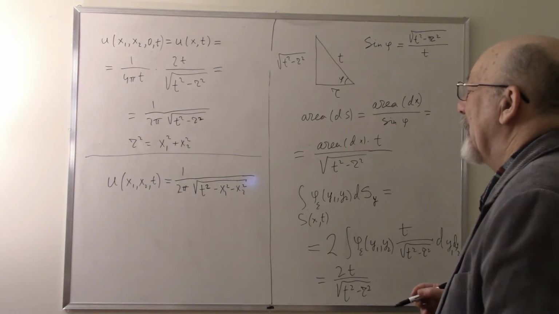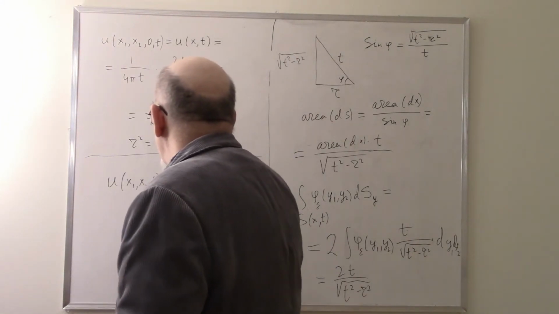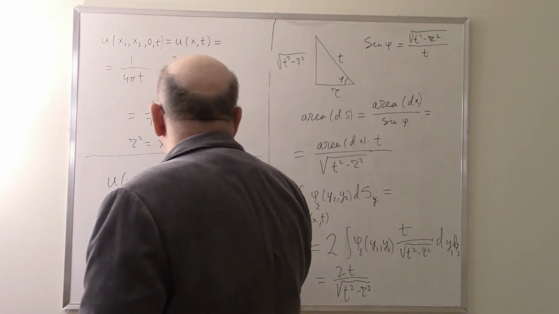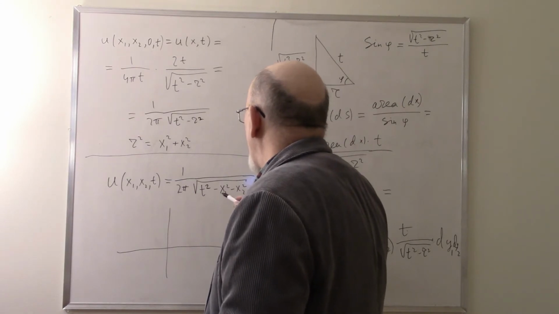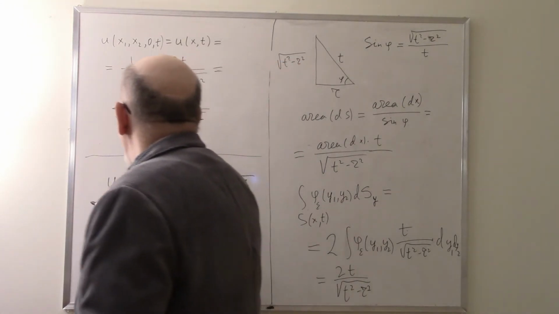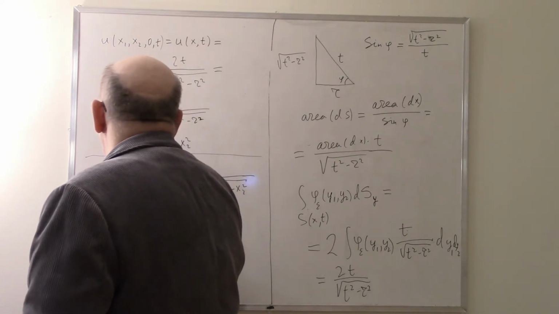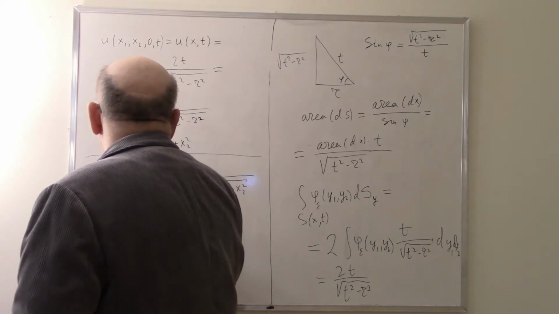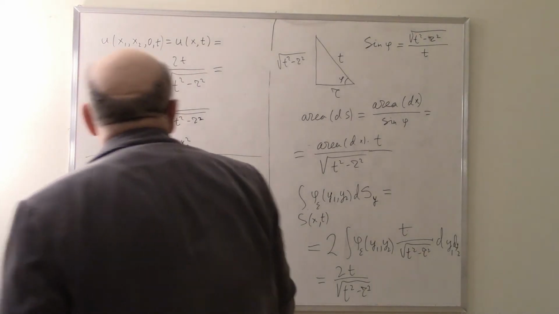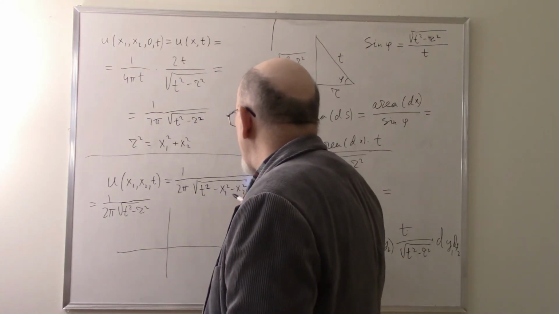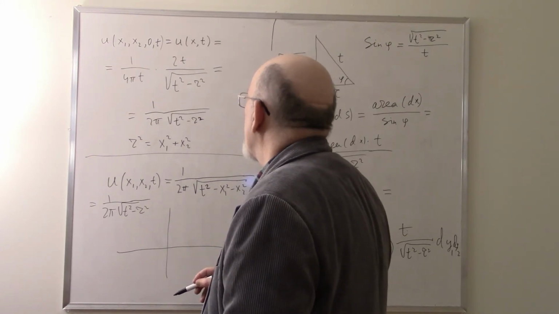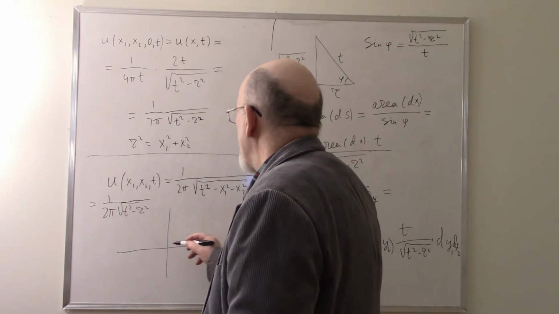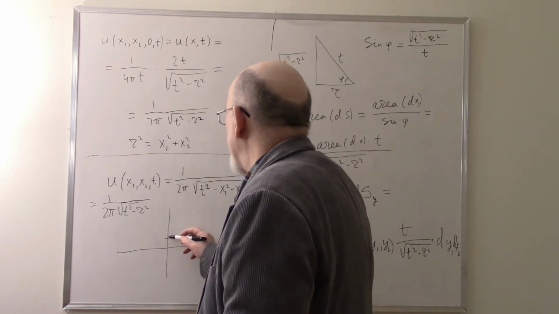But if you consider a graph of this as a function of r, how it behaves: for r equal 0, it is 1 over 2 pi t.